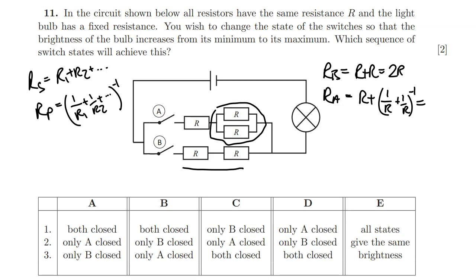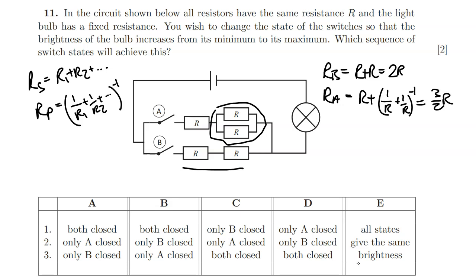And therefore, you would get R plus R over 2, which equals 3 over 2R. Apologies, I've just gone off the page a bit there. So if you do the maths, you get 3 over 2R.